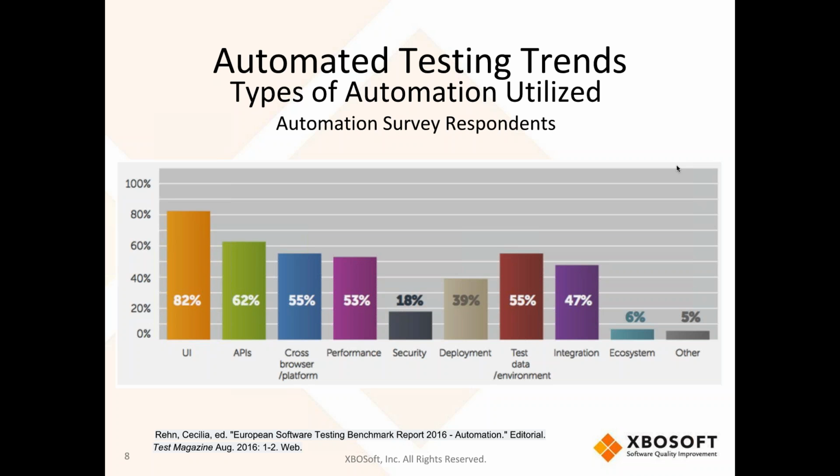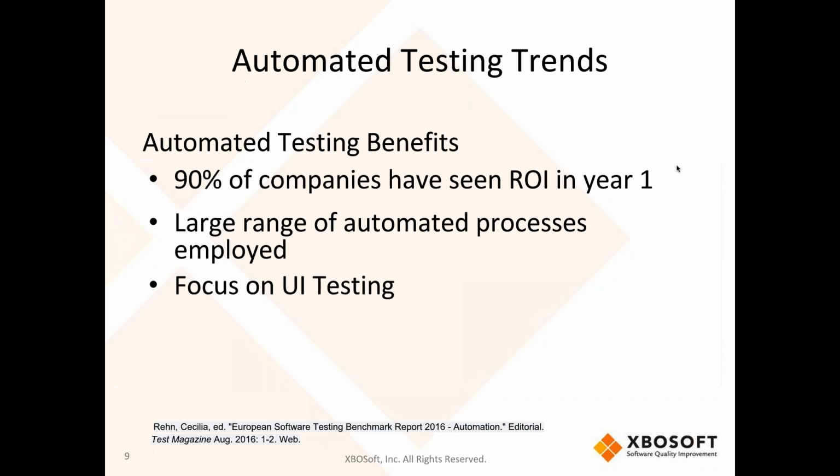Performance is at 53% for all those that are doing automated testing. And one other thing I wanted to point out was the ecosystem at 6%. We'll get back to that. So, automated testing benefits: 90% of the companies that have implemented automated testing have seen a return on investment within a year. I personally think that sounds pretty high and pretty good, but the number is very, very large for those that have seen benefit.